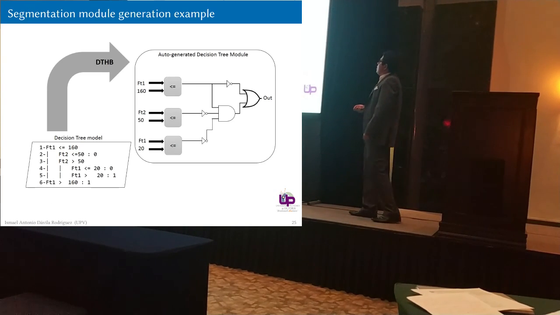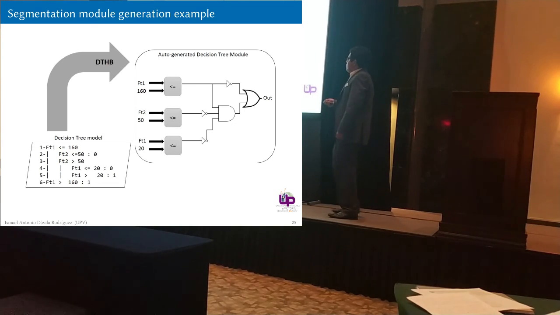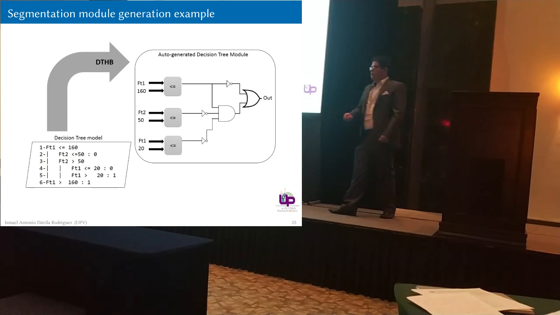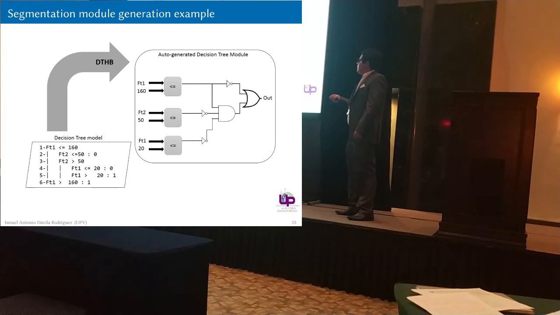So here we have an example of the Fusion 3. The output of Weka looks like this, right? The first thing here, if you see line 1 and line 6, line 1 is an if statement, and it's comparing feature 1 with this threshold, with this number. And the else statement is in line 6.